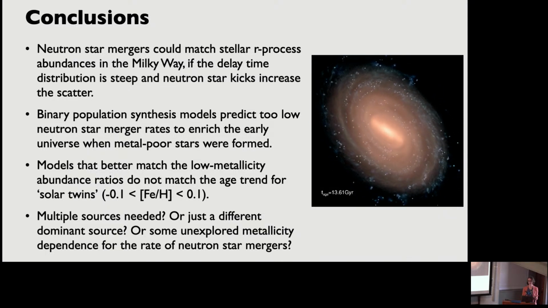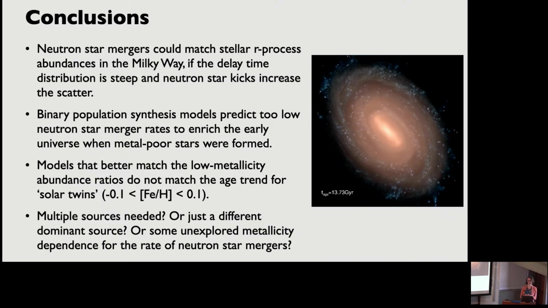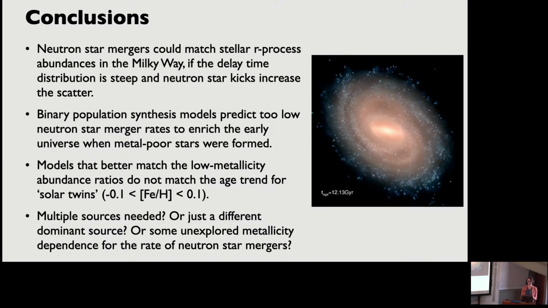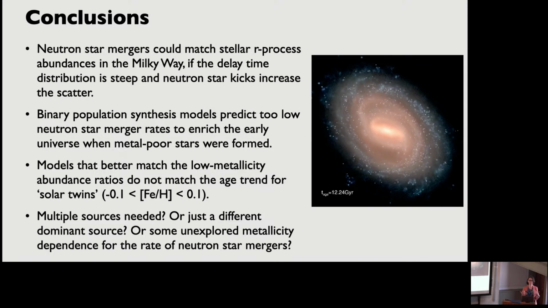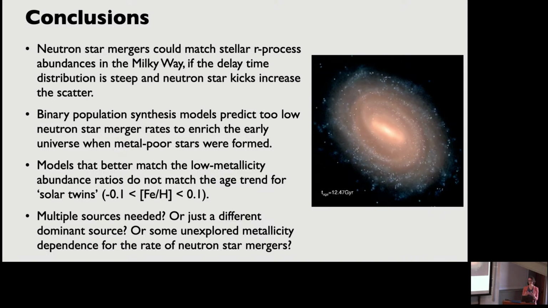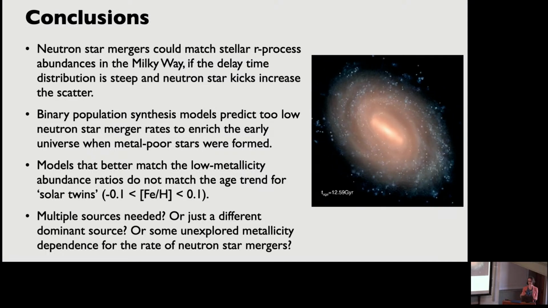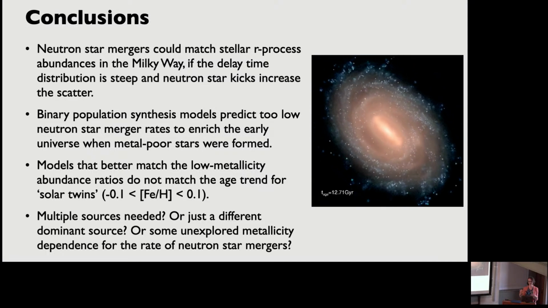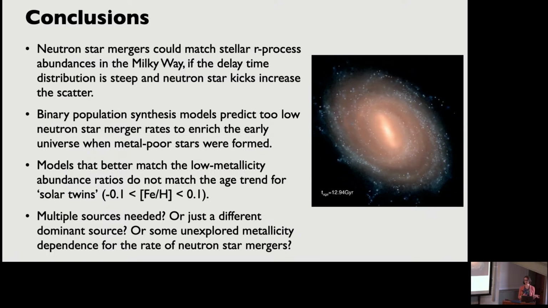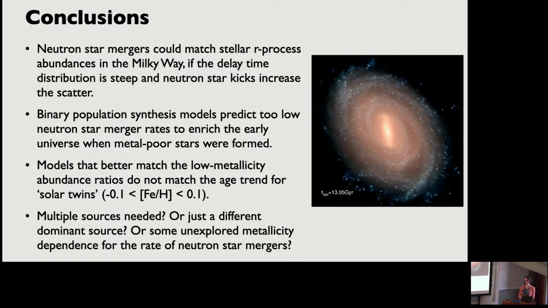We can match the Milky Way distribution, where we're having some trouble for solar twins. If we use a delay time distribution with a time dependence of -1, then we don't match the low metallicity stars, but we can match the solar twins.